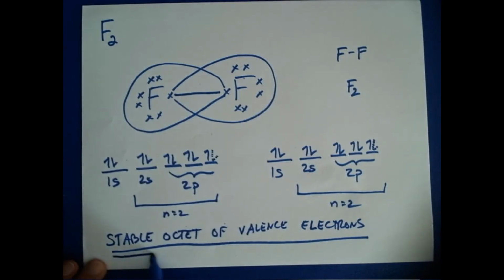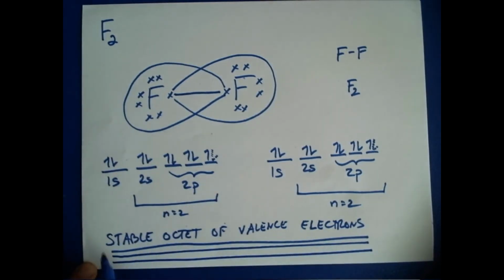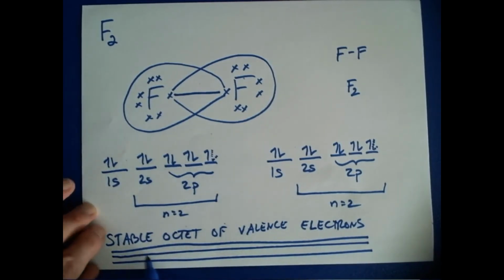Now, this stable octet of valence electrons is very useful in describing how atoms come together to form bonds, but don't get too used to it because this is kind of like a guide, but not a law. Atoms are often looking to achieve what we call a stable octet, but in many ways, achieving a stable octet is often violated.